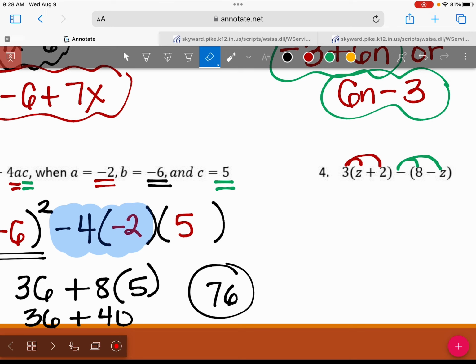What's 3 times z? All right, I did not multiply 3 times 2, though. What's 3 times 2? So that should be plus 6. All right, negative 1 times 8 is negative 8, and negative 1 times negative z is positive z. All right, now we got it. Go ahead and combine your like terms.